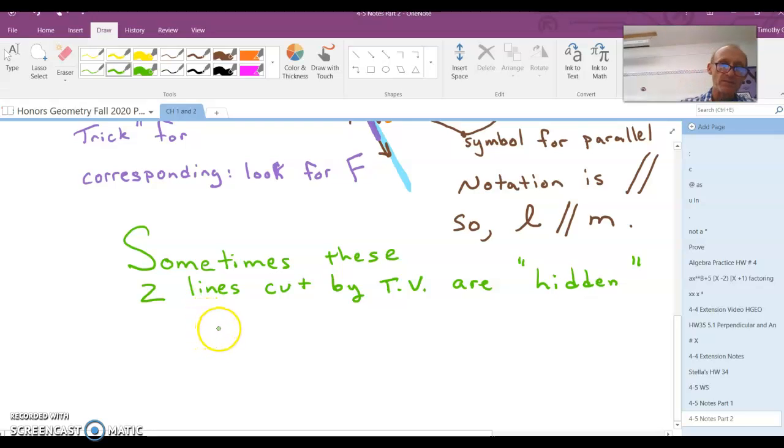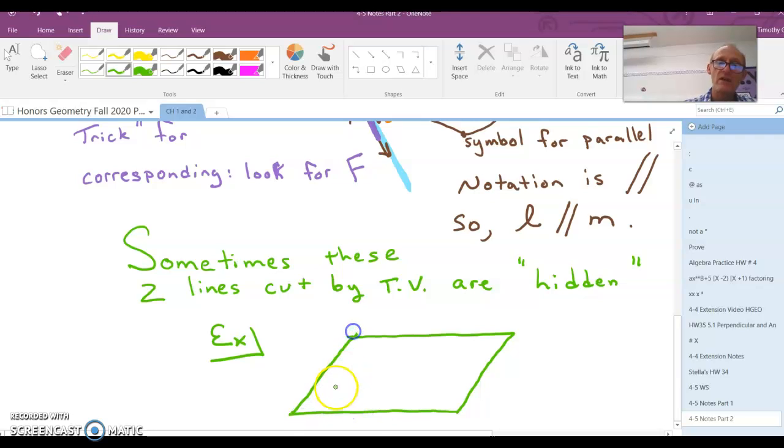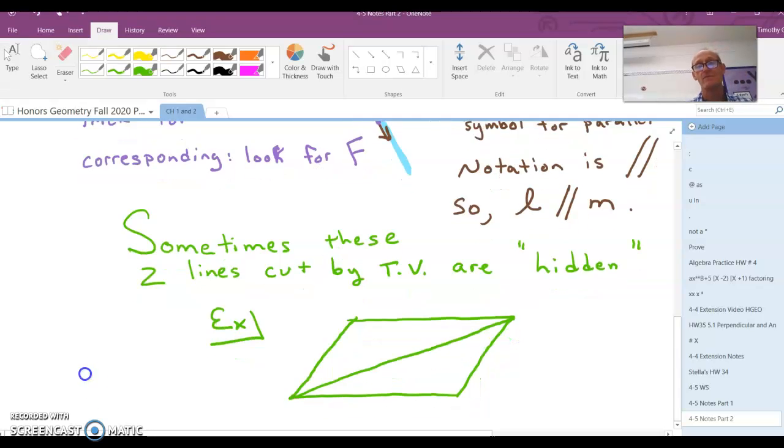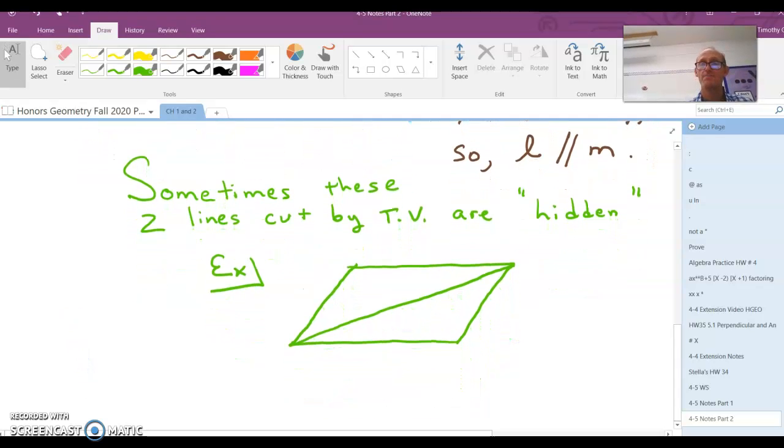For example, I'm going to draw a quadrilateral here, and I'm going to draw a diagonal. Now, there's a lot going on here because there are two pairs of lines.